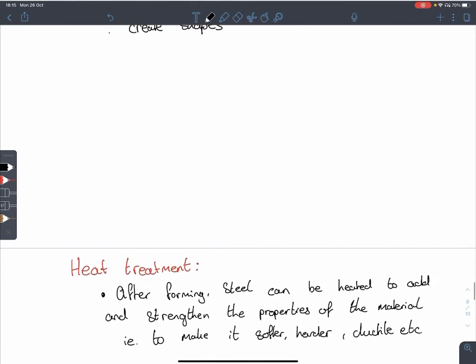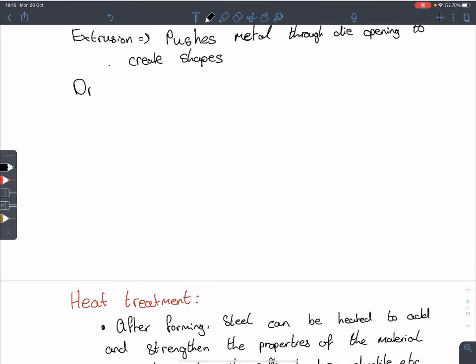Then we have drawing. So drawing is similar to extrusion, but instead of pushing, it's pulled through the die opening.